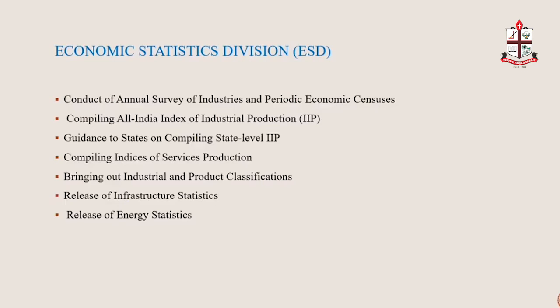It includes compiling the All India Index of Industrial Production, popularly known as IIP, guidance to states on compiling state-level IIPs, compiling indices of service production, bringing out industrial and product classifications, a release of infrastructure statistics, and a release of energy statistics.